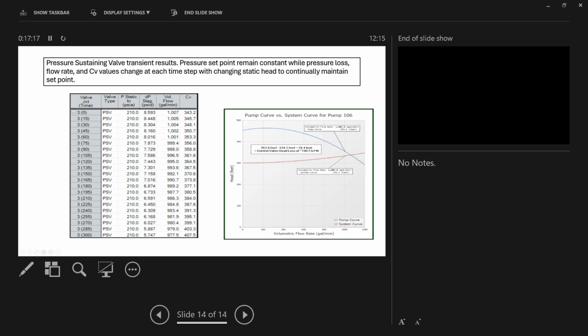You see, particularly for this case, this is the 3-inch valve, zero case, its flow was 1007. At that time, what was the performance curve pressure? The performance curve pressure was around 353.6.